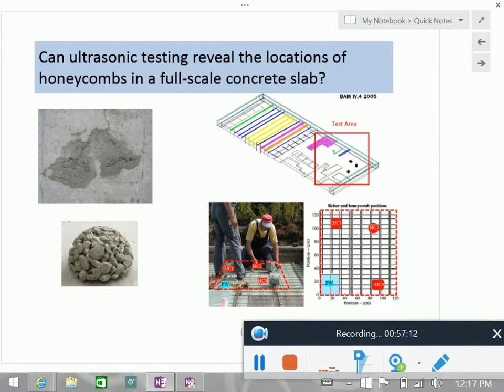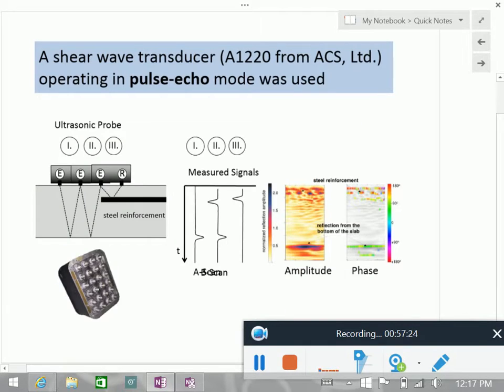Going back to the honeycombs, I showed you that resonance and impact echo weren't that successful in finding the honeycombs. So we used the system that you have seen in the lab. This is a shear wave transducer.